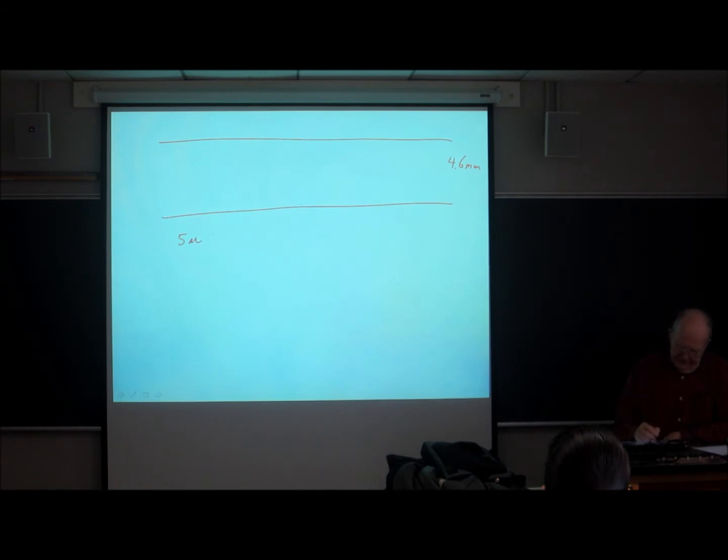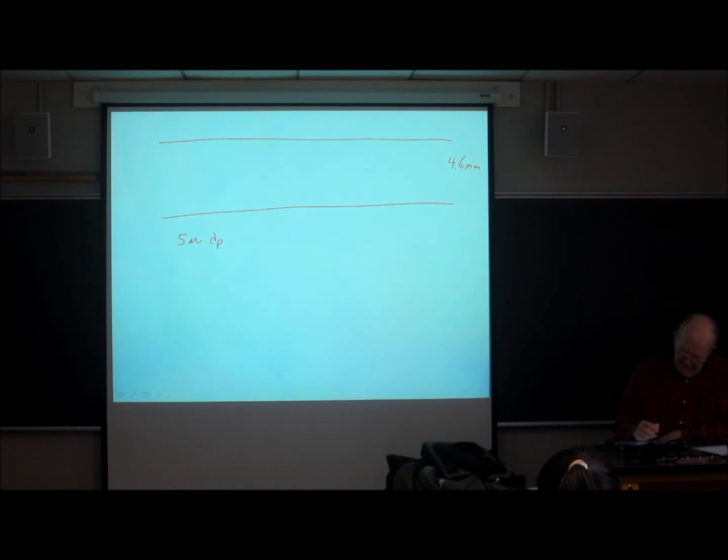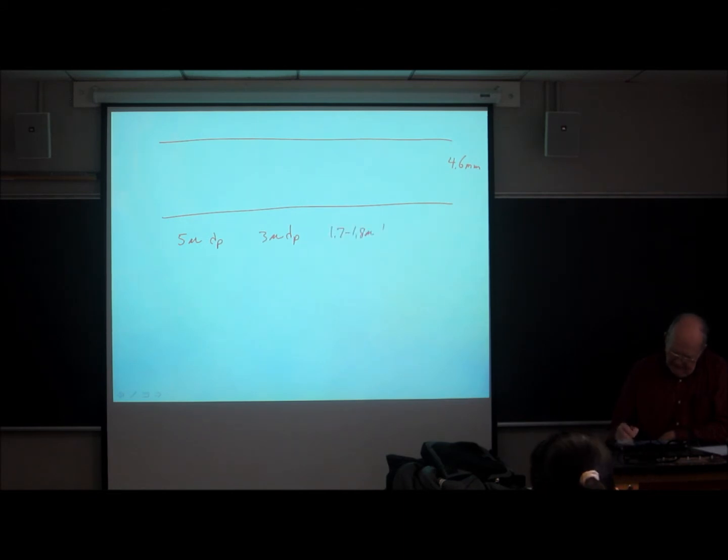That's the diameter of the particle. These went out about 10 years ago, when particles on the order of 3-micron diameter became pretty common. And then a few years back, maybe 5 years ago, with the advent of sub-2-micron particles, particles on the order of 1.7 to 1.8 micron diameter came into play.